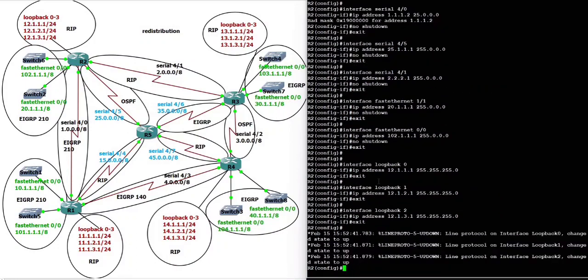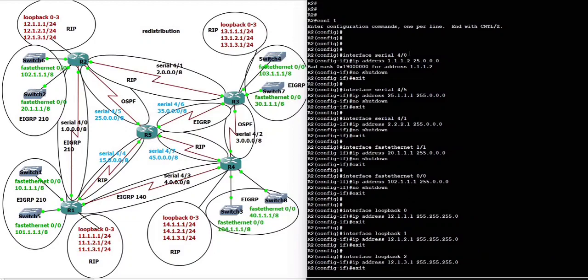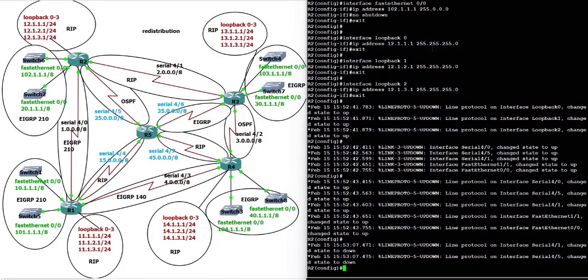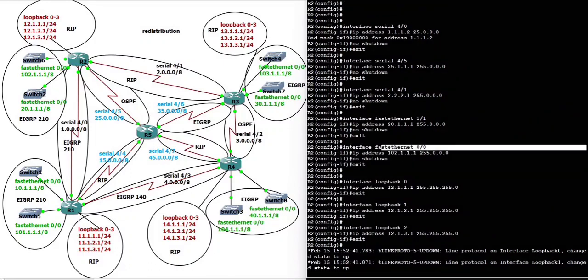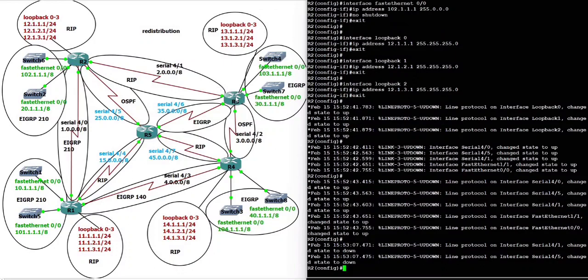You see, serial 4/0, 1.2 network, 4/5, 25 network, which is connected to router 5, 4/1, 2.1 network is connected to router 3, and the fast Ethernet, fastnet 0/0, and fastnet 1/1.